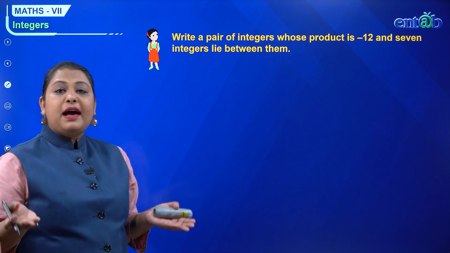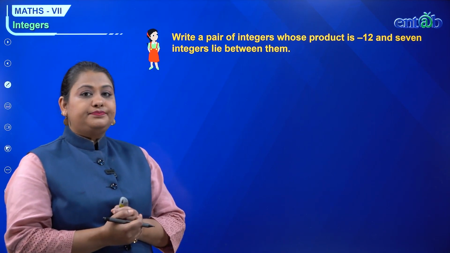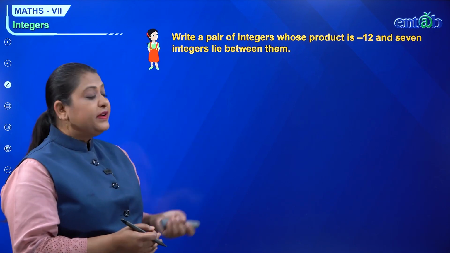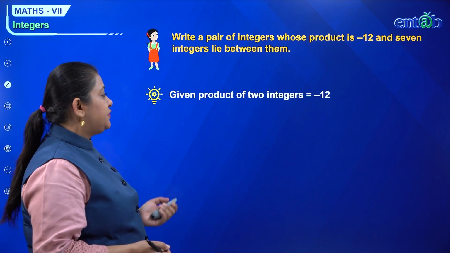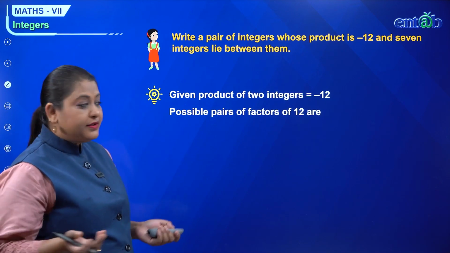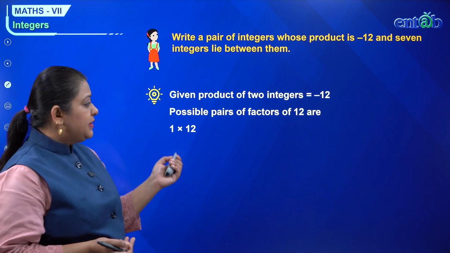Now in order to have product as minus 12, what are the possible integers we have? Can we find the factors of 12 and know the pair of integers, right? So what are the possible factors of 12? Let's see. The possible pairs of factors of 12, either 1 times 12 is 12, right?